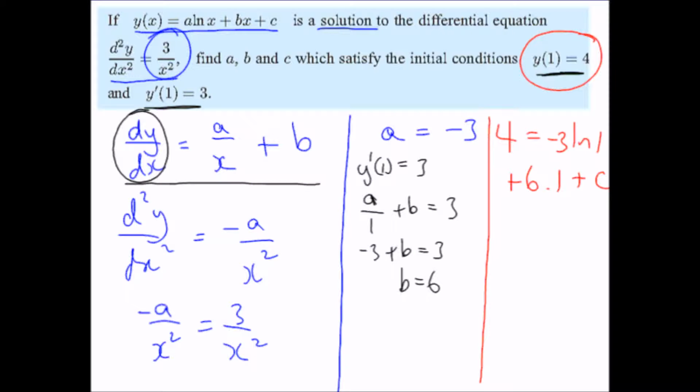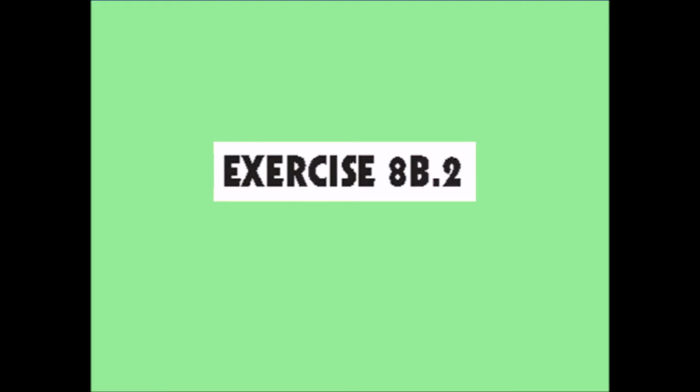So rearrange that and we'll get our value of C. So we end up with C is equal to -2. So C, B and A have now been determined. So those examples should help with exercise 8B2.